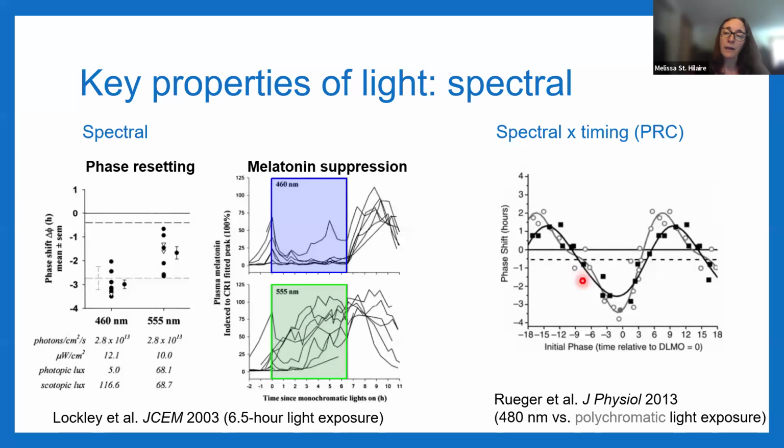And you can see that the magnitude of responses is very similar, suggesting that 480 nanometers, which again is triggering the melanopsin system, at least that's what we presume is happening, is enough, and that really all of what we see in the white light exposure is probably coming from that part of the system.